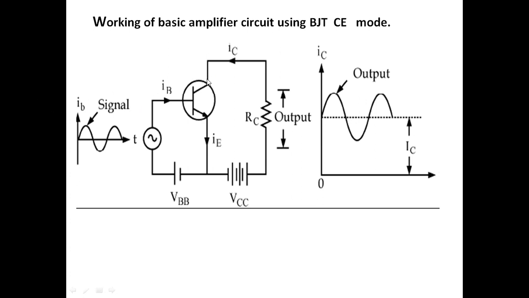That IC current flows through the collector terminal, which can be measured across RC. The amount of current flowing through RC is IC, so IC into RC gives the output voltage VO. That output voltage can be measured and is drawn like this.